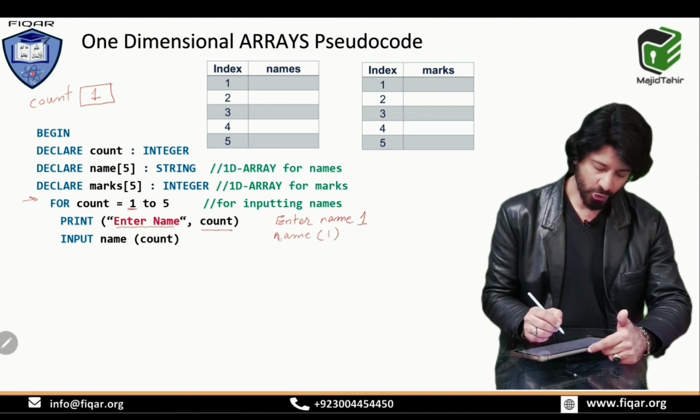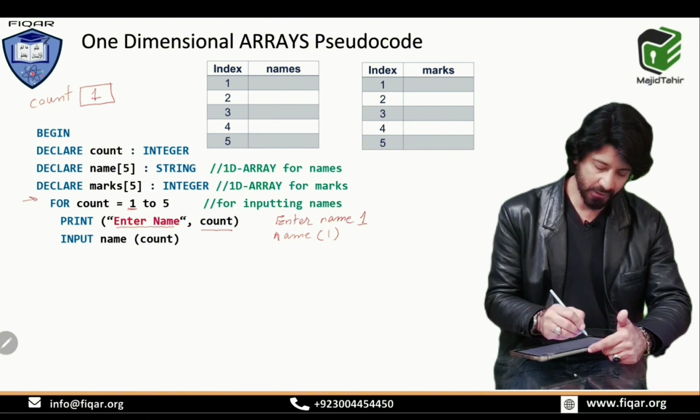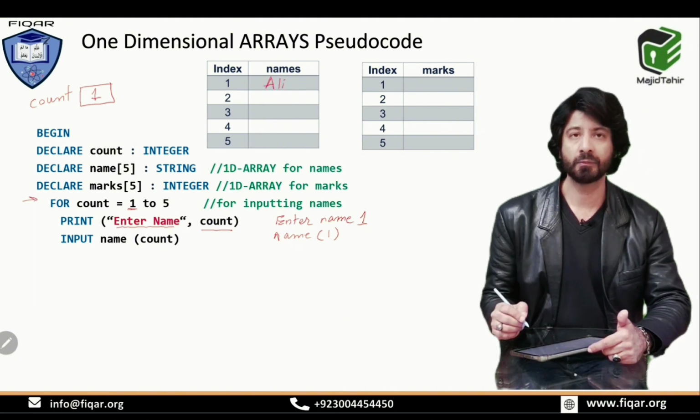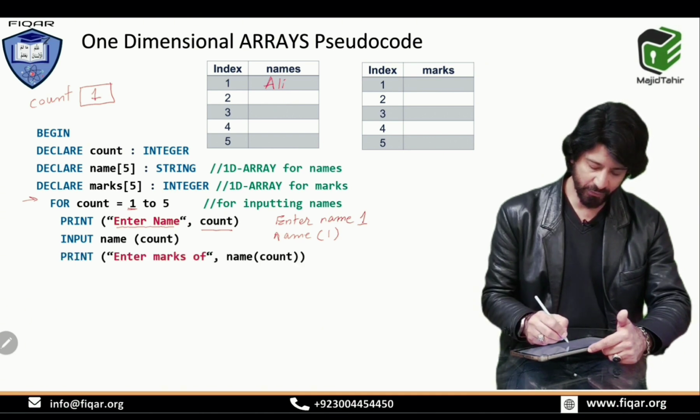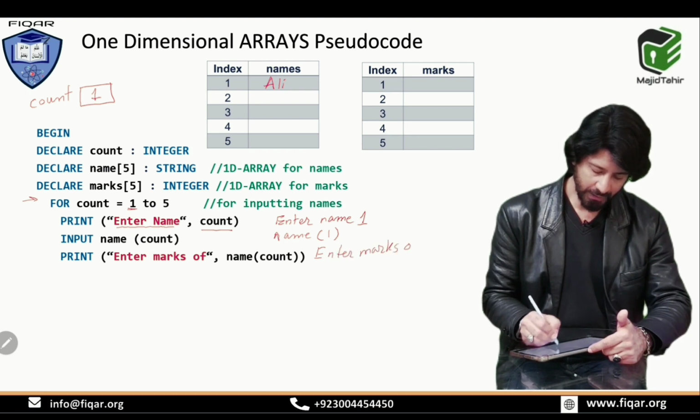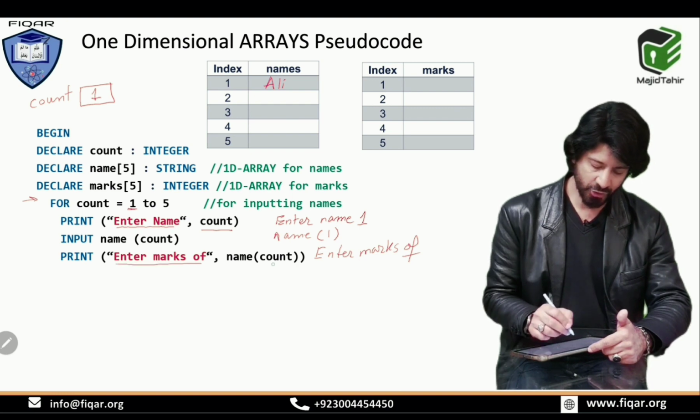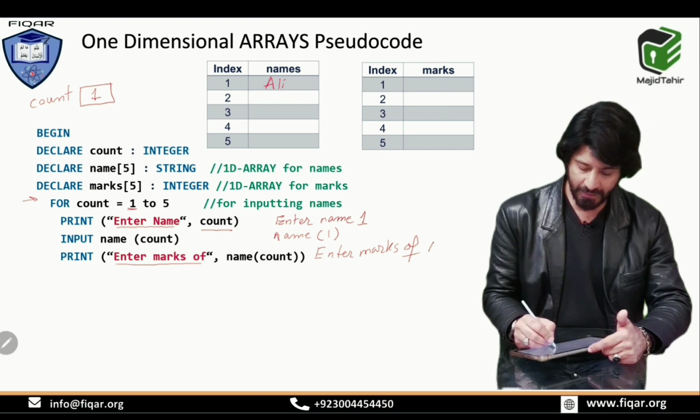Whatever you enter, let's suppose I have entered Ali, so Ali goes in name 1, and it says enter marks of name count. It will be written enter marks of as it is because it is in the speech marks. Name count is name 1 basically, and name 1 has the value Ali, so it will say enter marks of Ali.